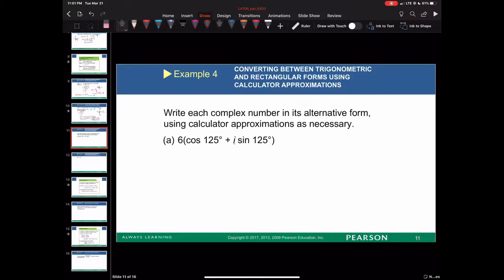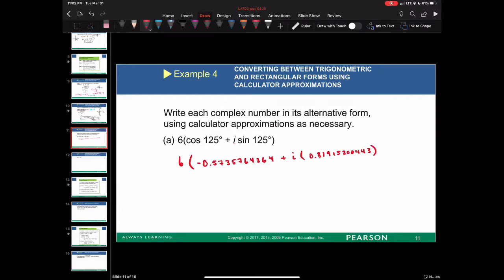So when we do that, we will get 6 times negative 0.5735764 plus i times 0.81915200,443.